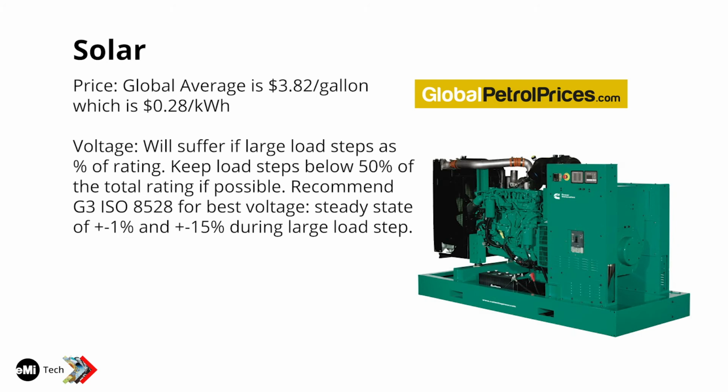There are different types of gensets that are rated for different things, some more for fuel efficiency and some more for their performance. And so, especially if you have a hospital, I recommend a G3. That means it's going to have the best voltage response that's available in the market. That means it has a steady state of plus or minus 1% and plus or minus 5% or 15% during a large load step. The availability of a generator is 100% as long as there's diesel fuel.